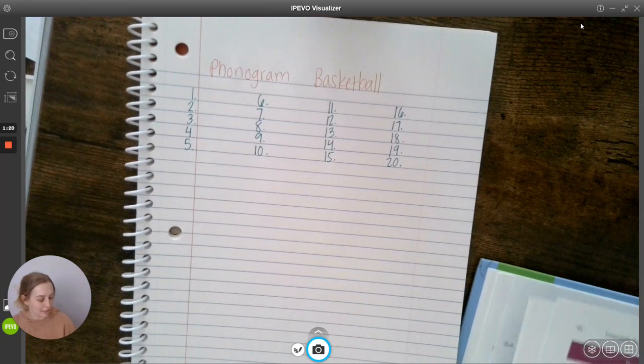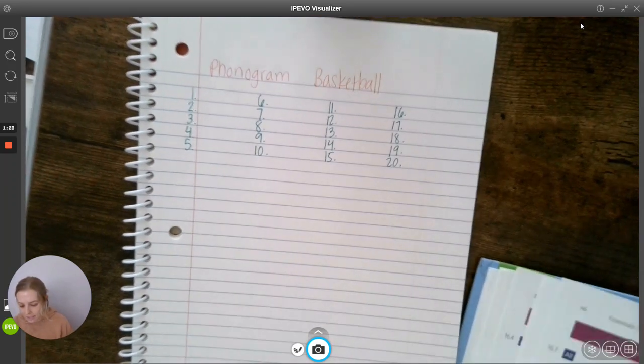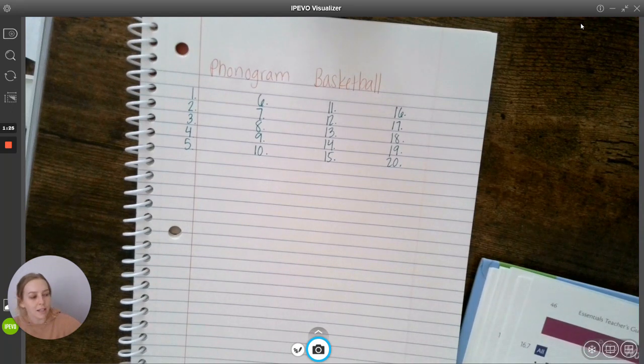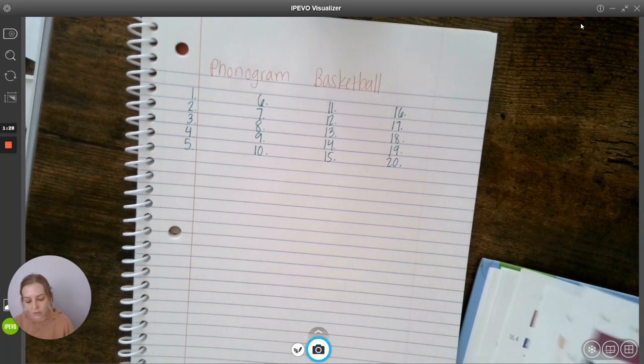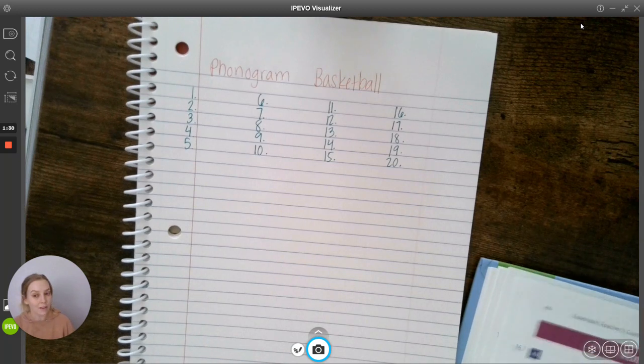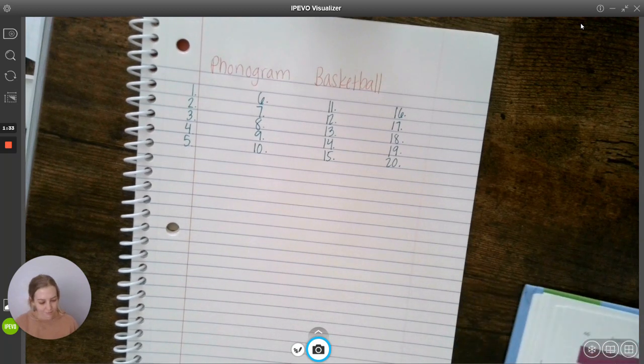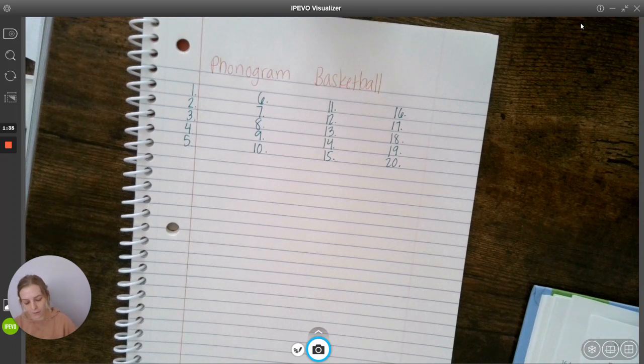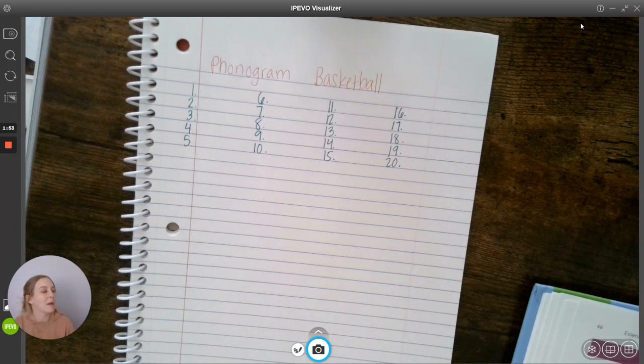Number 1. Let's do 2-letter used at the beginning or the end of a base word. Number 2, 3-letter I. Number 3, 2-letter O, that may not be used at the end of English words.